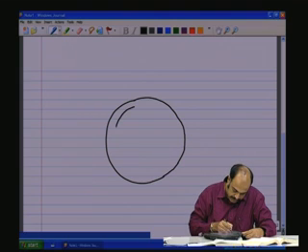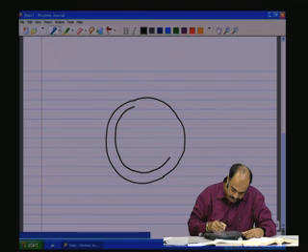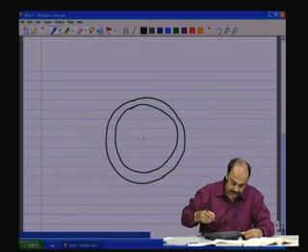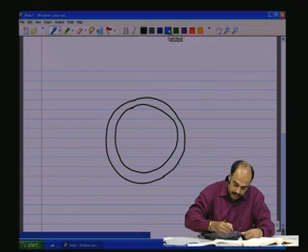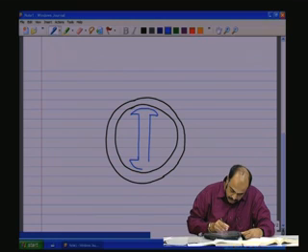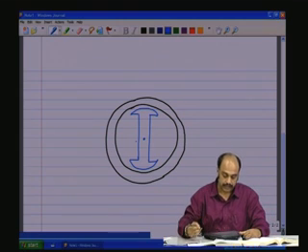So let me represent the stator as these two rings of concentric circles, hopefully concentric circles, and we have the rotor. Let us still continue with this salient pole type of rotor. It gives the concept very nicely. So this is the rotor rotating about this center.